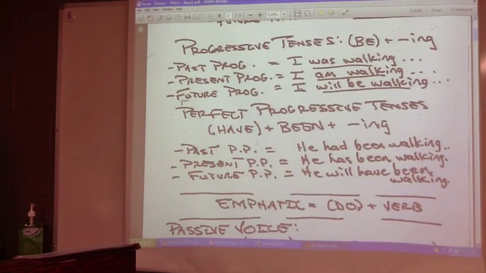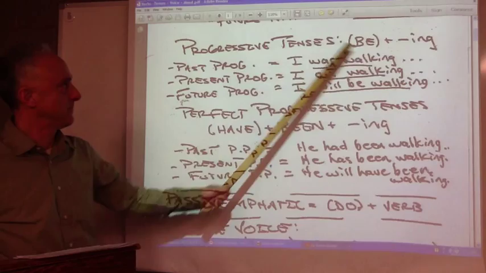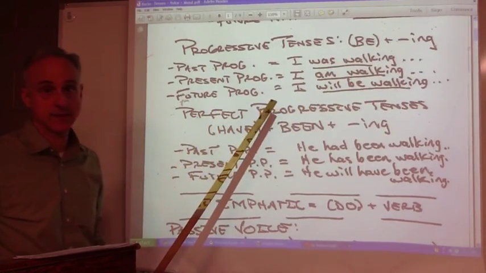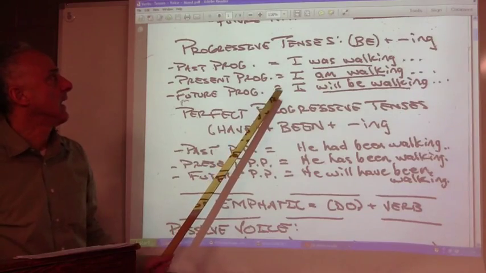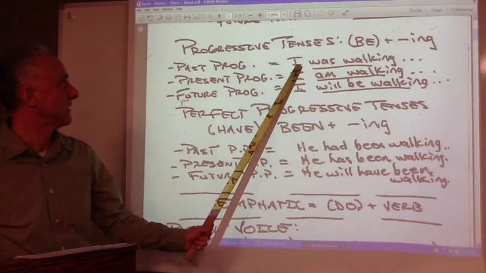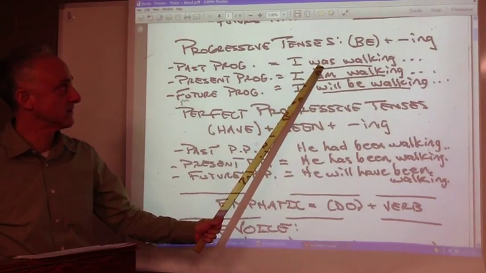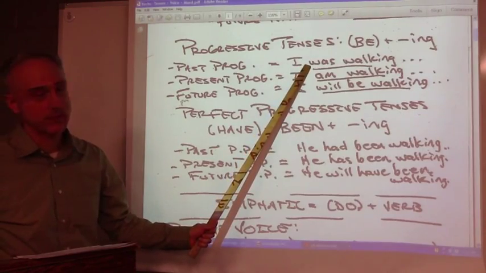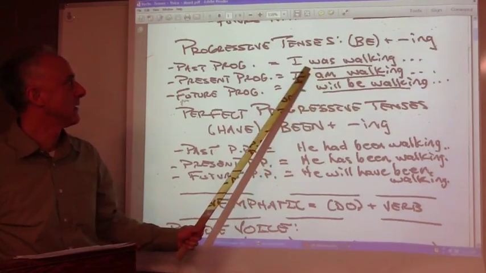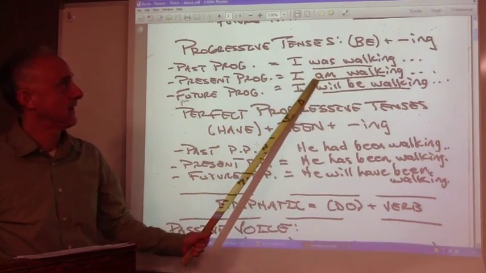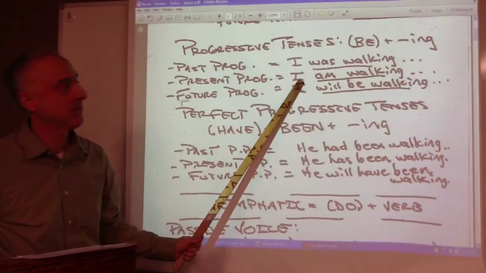The progressive tenses use be plus ing, so we could have past, present, or future progressive, just like with the perfect tenses. And we always have a form of be, so in the past it's I was. And if it were plural, it would be they were, right? And in the present, it's I am. And if it's plural, they are, right?